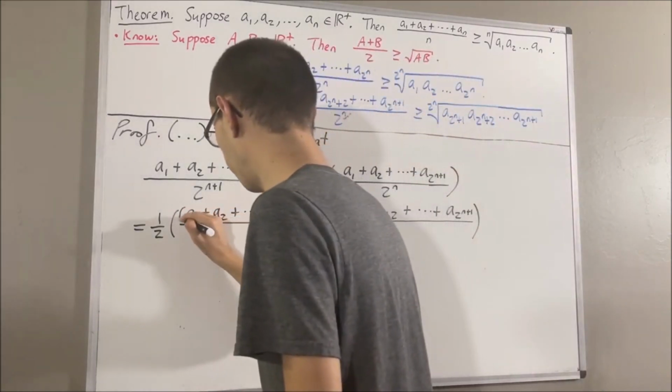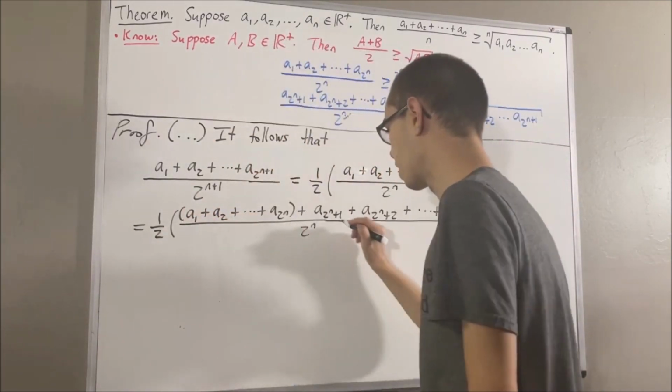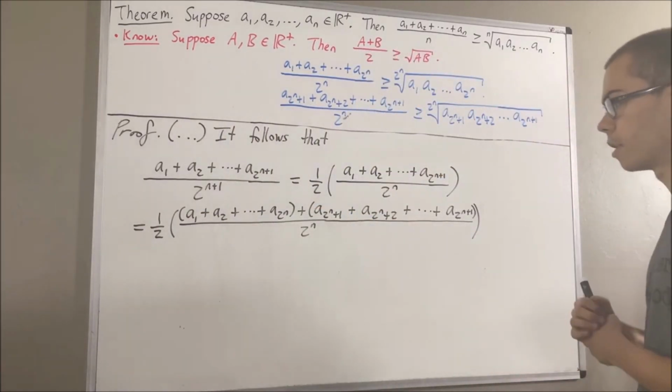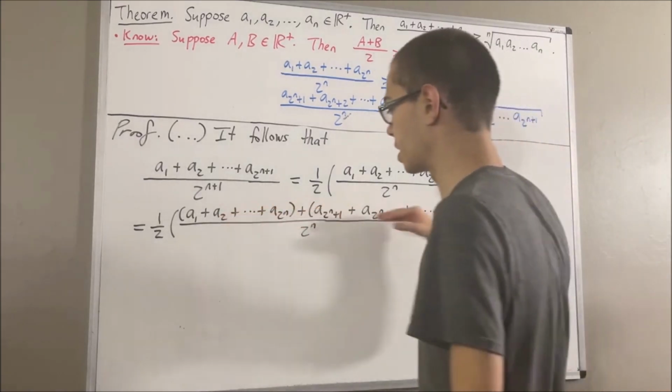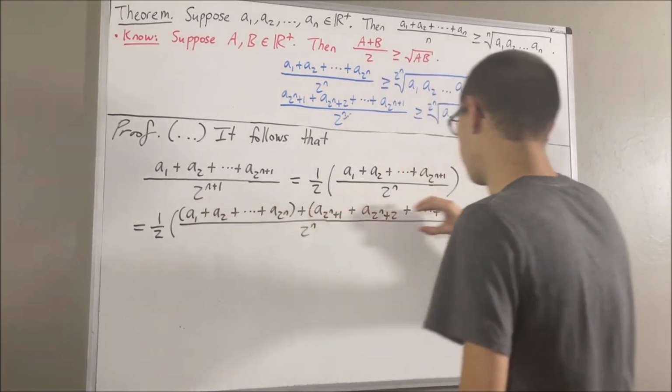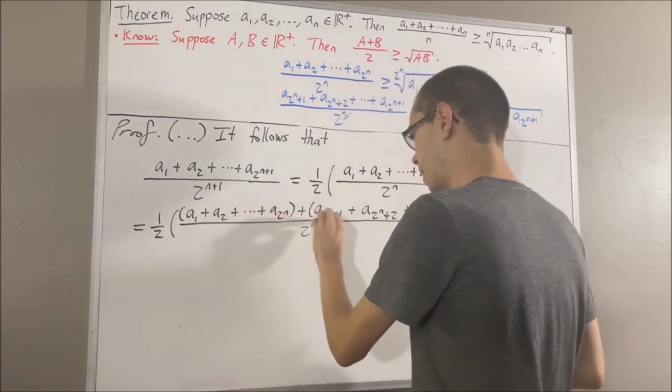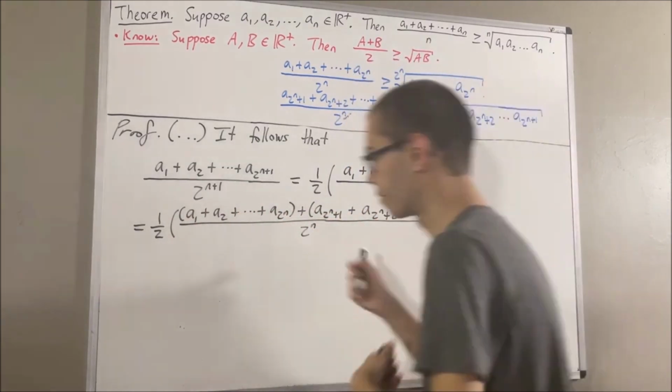So these would be the first 2 to the n terms. These would be the last 2 to the n terms. But then a property of fractions is that this entire fraction is just equal to this guy over 2 to the n plus this guy over 2 to the n.